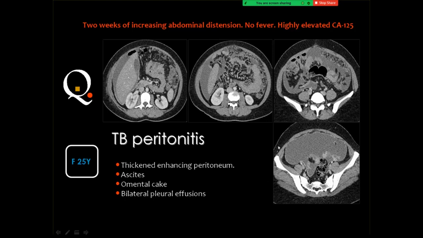Then you may think that this is TB peritonitis, but you do not have any clue to suggest the diagnosis of TB compared to the malignant lesions. And malignant lesions may also be primary, like lymphoma or peritoneal leiomyosarcoma, for example.